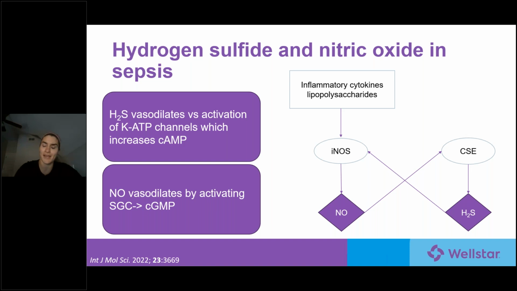The drug was called L-NMMA, and it was utilized by Lopez and her colleagues in 2004. They did a randomized controlled trial of administering this drug to septic patients. What they found was that although it increased MAPs and decreased vasopressor requirements, surprisingly, they had to end the study early because the drug increased mortality, which was not what anyone was expecting.